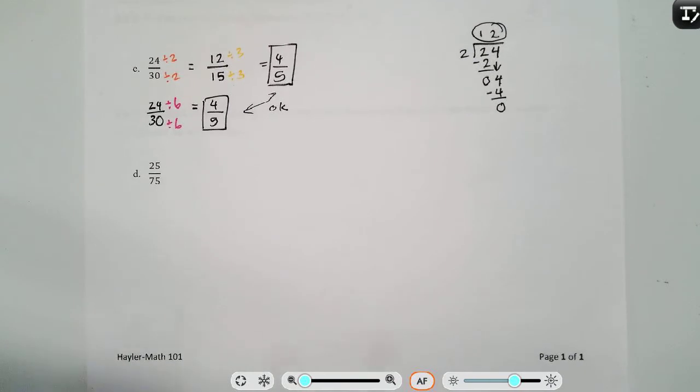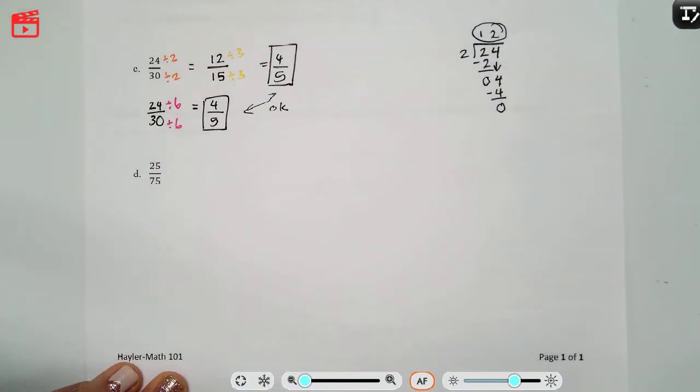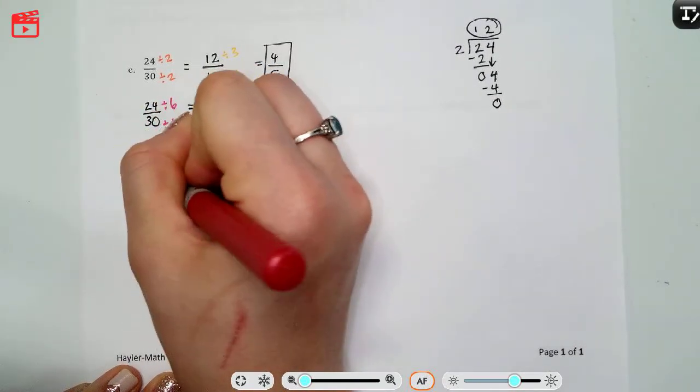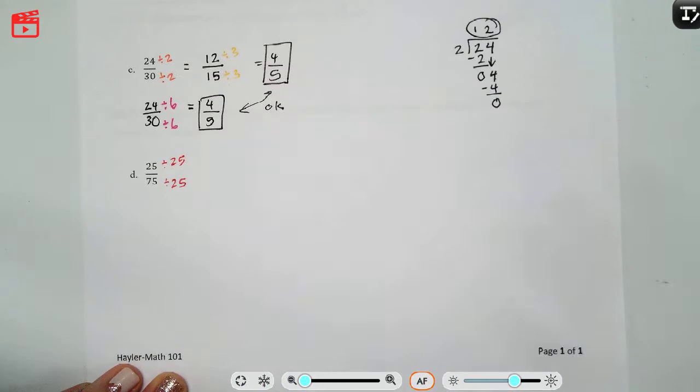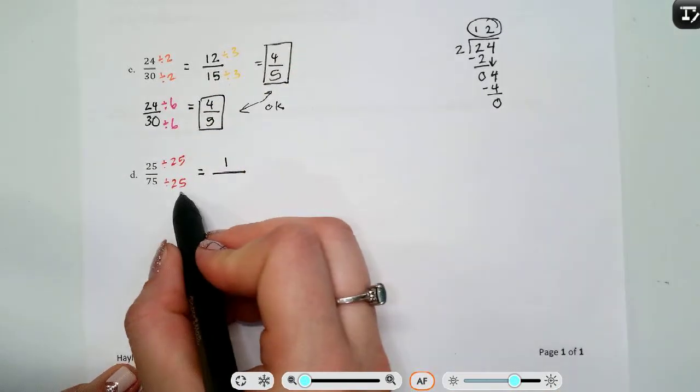All right, so let's see. D, 25 and 75. Well, if I'm thinking in terms of quarters, 25 is 1 quarter and 75 is 3 quarters. So 25 and 75 are both divisible by 25. 25 divided by 25 is 1. 75 divided by 25.